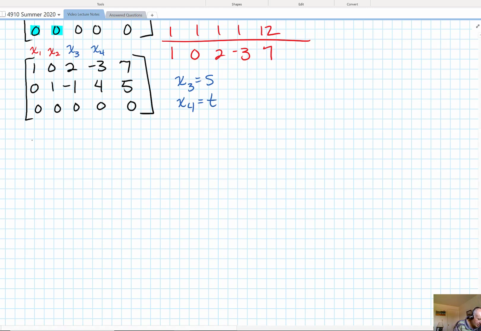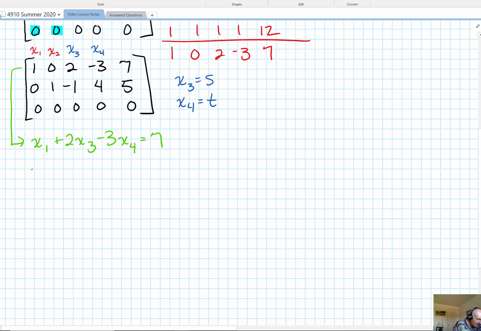So the way that looks, we take the first row, and if we translate that first row into an equation, it's 1x sub 1 plus 2x sub 3 minus 3x sub 4 equals 7, right?